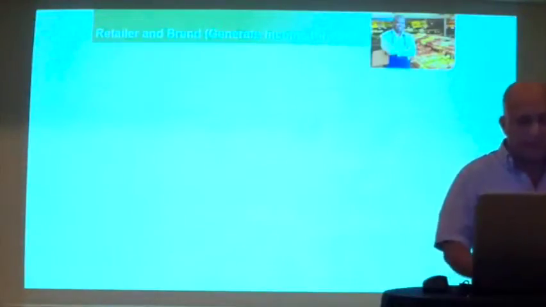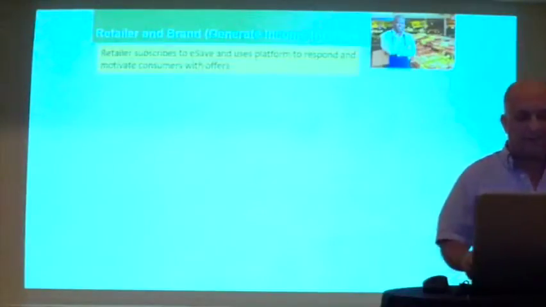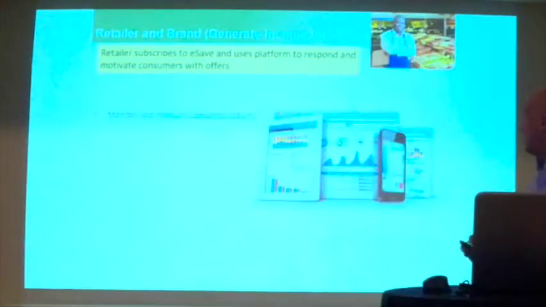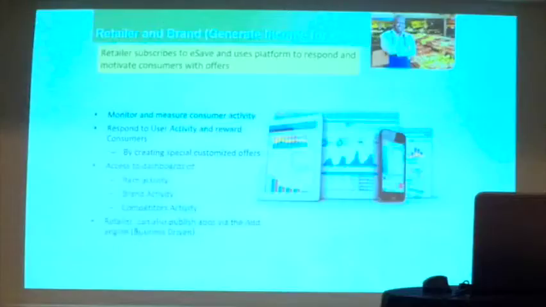The retailer can in turn generate income for us by monitoring and responding to user activities, rewarding customers, and creating specialized offers. They have access to dashboards, item activities, competitor activity, and a bunch of tools that allow them to respond immediately.